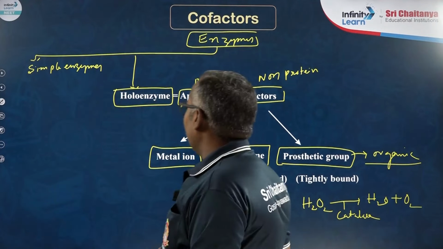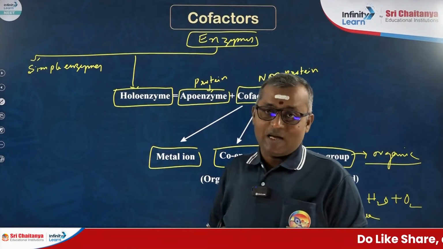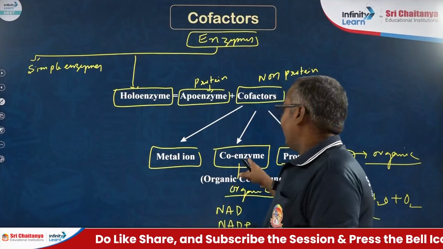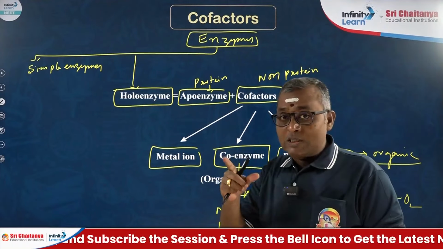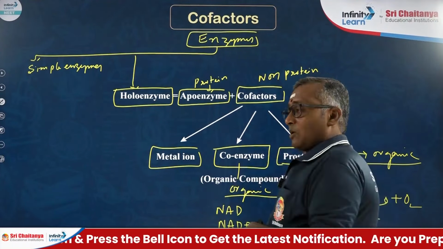In the same way, metal ion cofactors are inorganic cofactors. They are not organic. They also bind tightly with the apoenzyme, whereas coenzymes bind loosely or transiently. Prosthetic groups bind tightly.